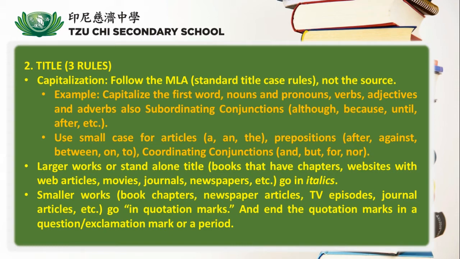And for smaller works, which is one of the book chapters, one of the articles in a newspaper or a TV episode or an article of a journal, etc. Just write them in quotation marks and end the quotation marks with a question mark, exclamation mark, or a period. Okay.